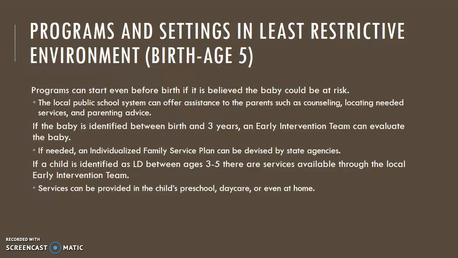If the baby is born and identified between birth and 3 years of age, an early intervention team can evaluate the baby, and if needed, they can create an individualized family service plan devised by state agencies. If a child is identified as learning disabled between the ages of 3 to 5, there are services available through the local early intervention team. Services can be provided in the child's preschool, daycare, or even at home.